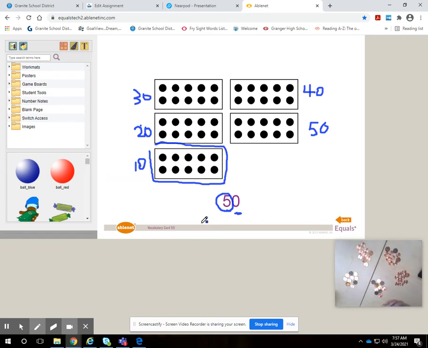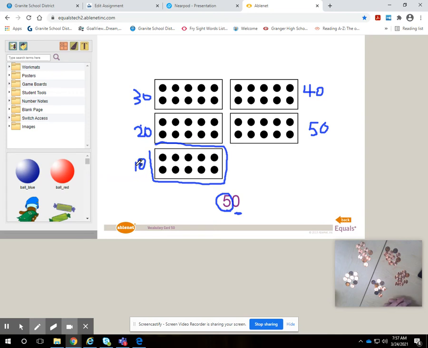If we count by tens, it goes like this: 10, 20, 30, 40, 50. That's exactly the same as these 10 frames right here. So you could imagine that in these 10 frames, we have 10 pennies in each of them.